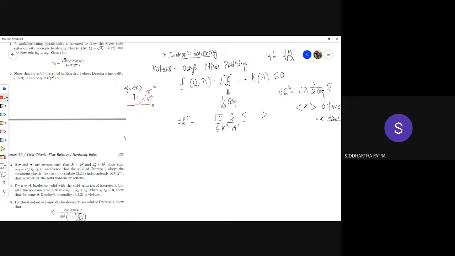So what they are writing within Macaulay brackets is this following quantity.